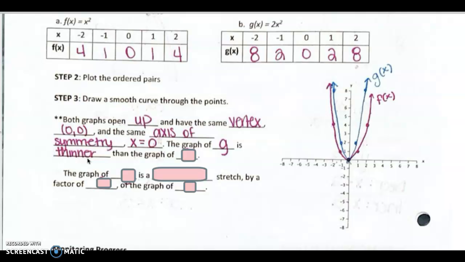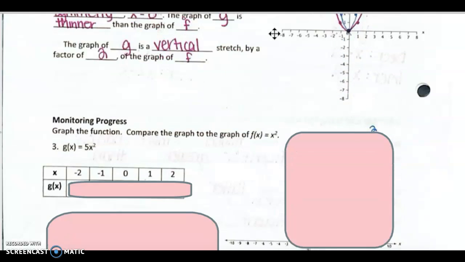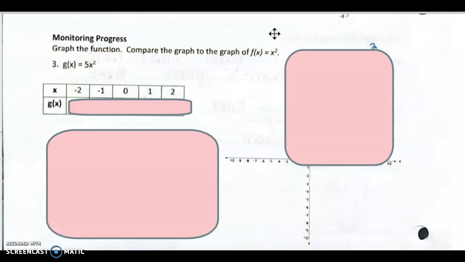The correct answer is narrower, or thinner, than the graph of f. So since it's thinner, the graph of g is a vertical stretch by a factor of 2 of the graph of f. So whatever number is out here, we can look at that and tell that it's a vertical stretch because it's greater than 1. Okay, so pause this video and try this, and we will pick up here in part 2.